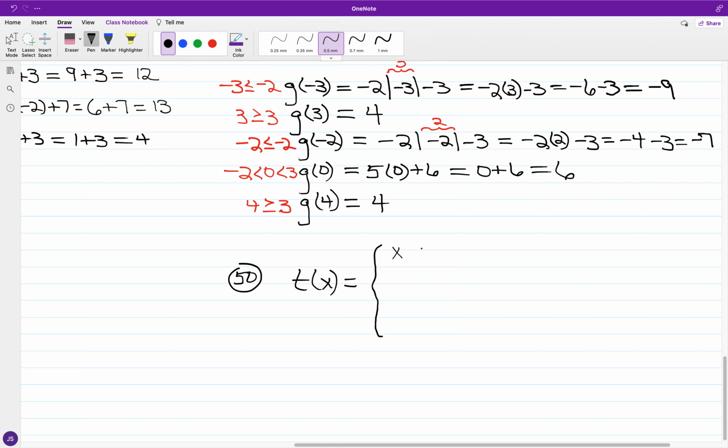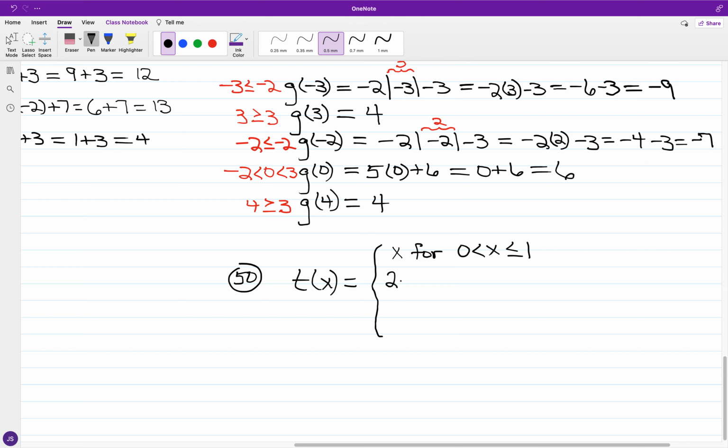You have t of x is equal to x, and now for the inputs, okay, the full expanse is not going to arrive at anything that is remotely close to the real number system. But we're going to have t of x is equal to x for 0 is less than x is less than or equal to 1.